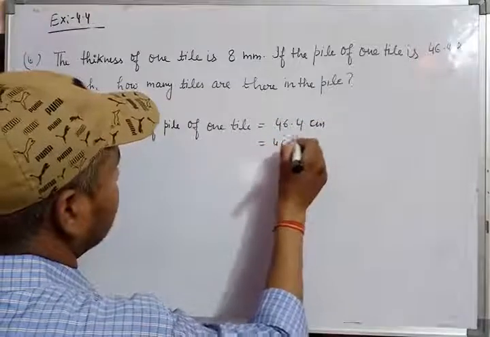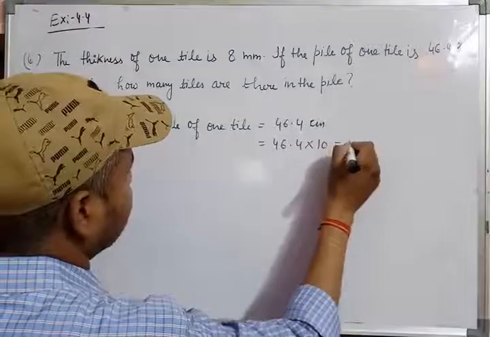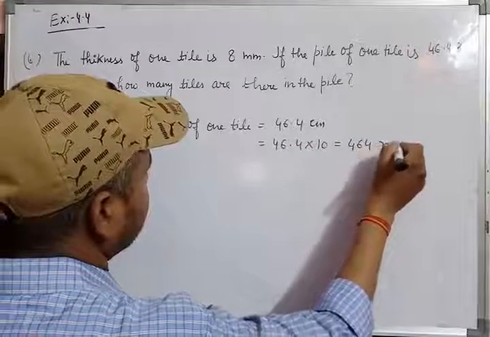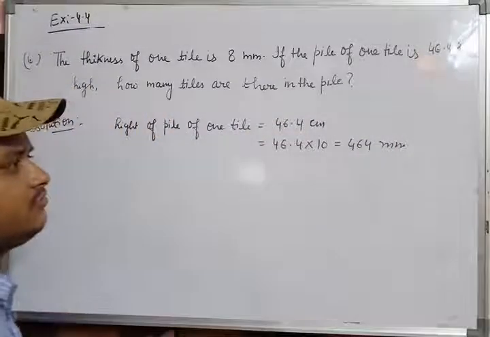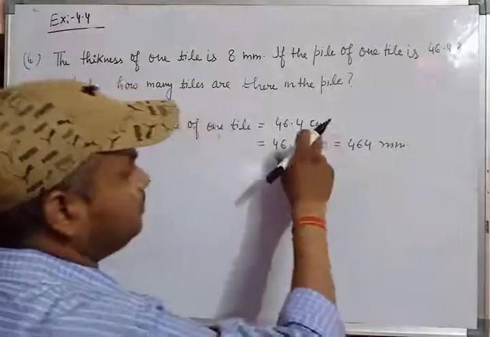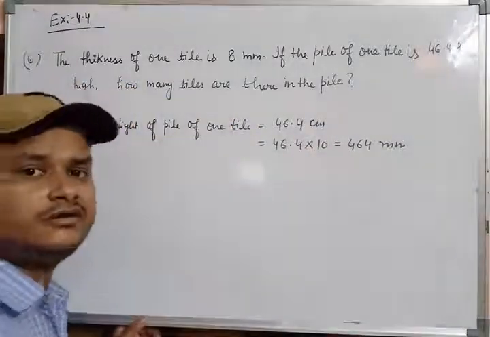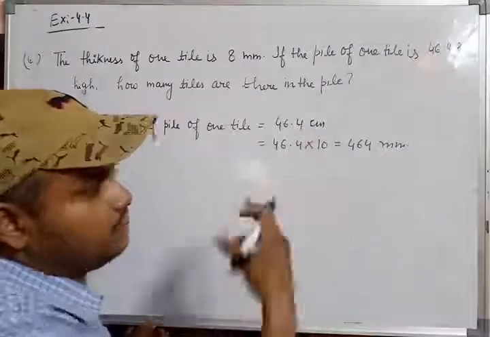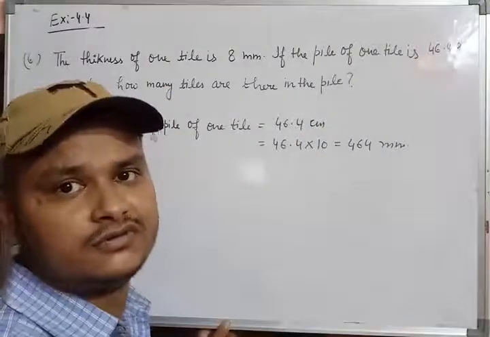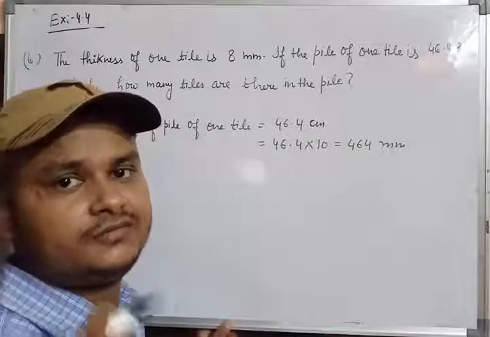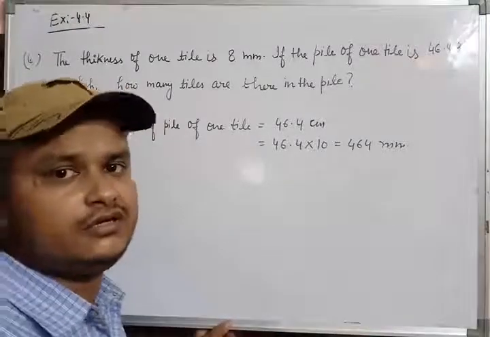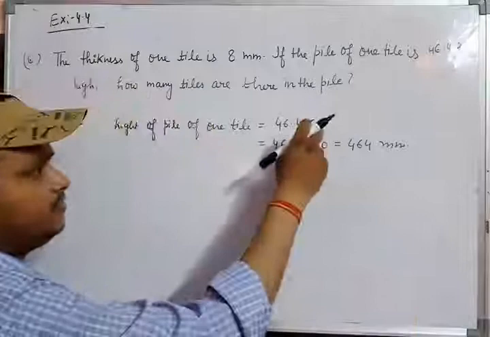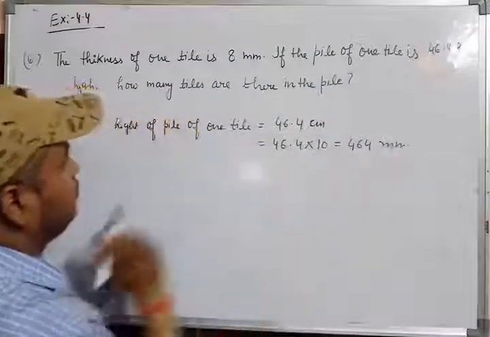Then 46.4 into 10, that is 464 millimeter. Okay, so students, why am I converting this centimeter into millimeter? Because if you convert a large unit to a small unit, then it is better for solving. It is better for calculation. So that's why I am converting this large unit into a small unit.